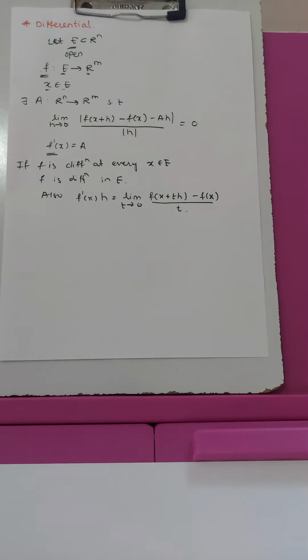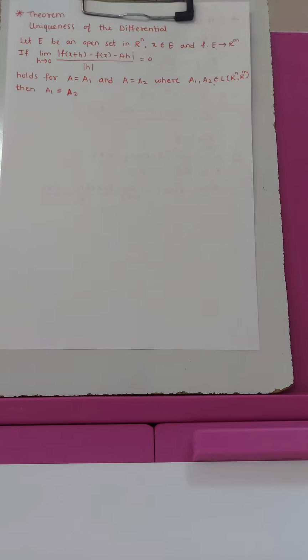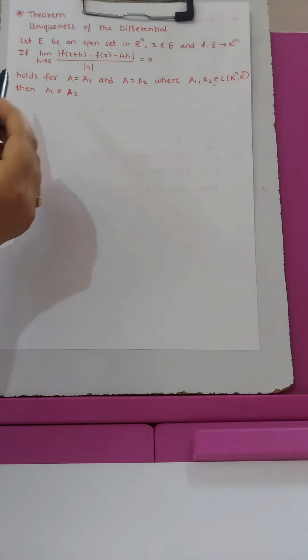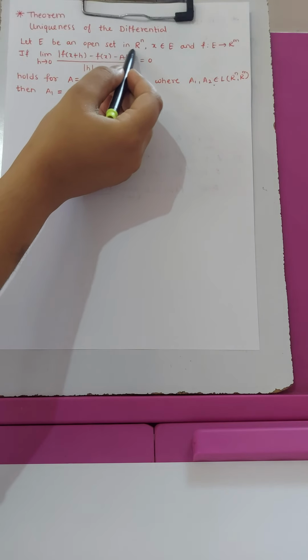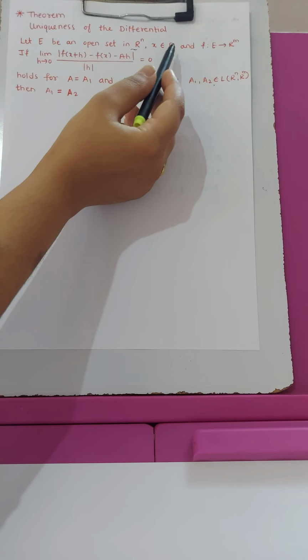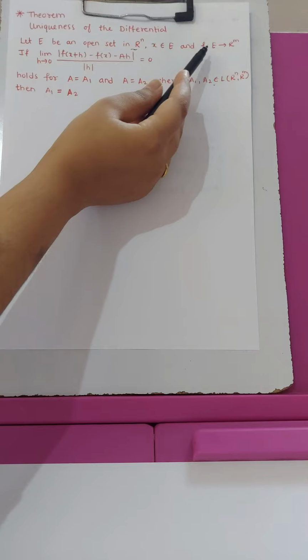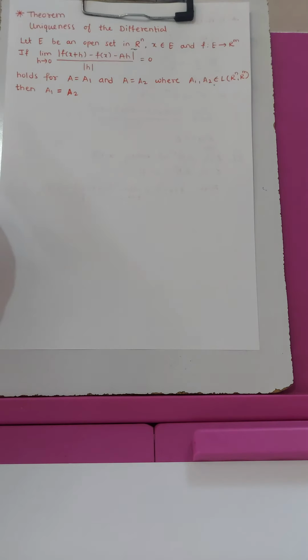So next we will see a theorem which is the uniqueness of the differential. The statement of the theorem is: let E be an open set in Rn and x belongs to E, and f is a mapping from E to Rm.